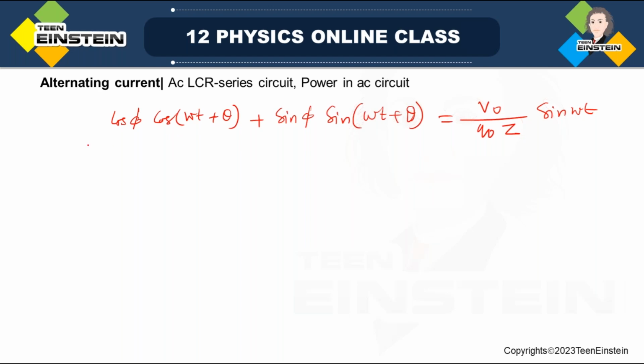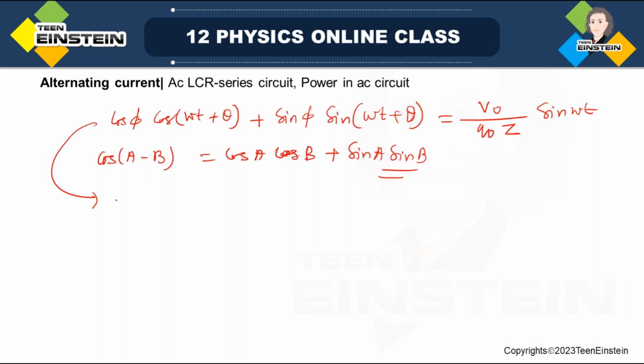So look what we can write. Cos of A minus B will be cos A cos B plus sine A sine B. This is a trigonometric identity.